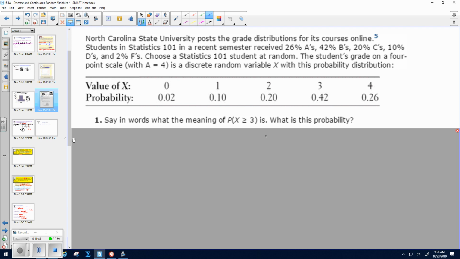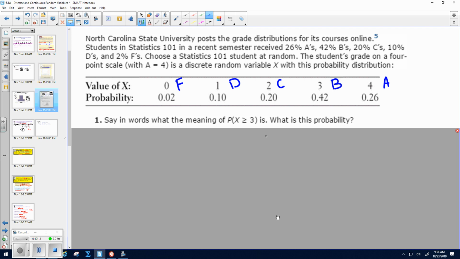The student's grade on a 4-point scale, with an A equals 4, is a discrete random variable X with this probability distribution. Notice they did not put A, B, C, D, F at the top because random variables have to be numerical. So they just related it like an A is a 4, a B is a 3, a C is a 2, a D is a 1, and an F is a 0.